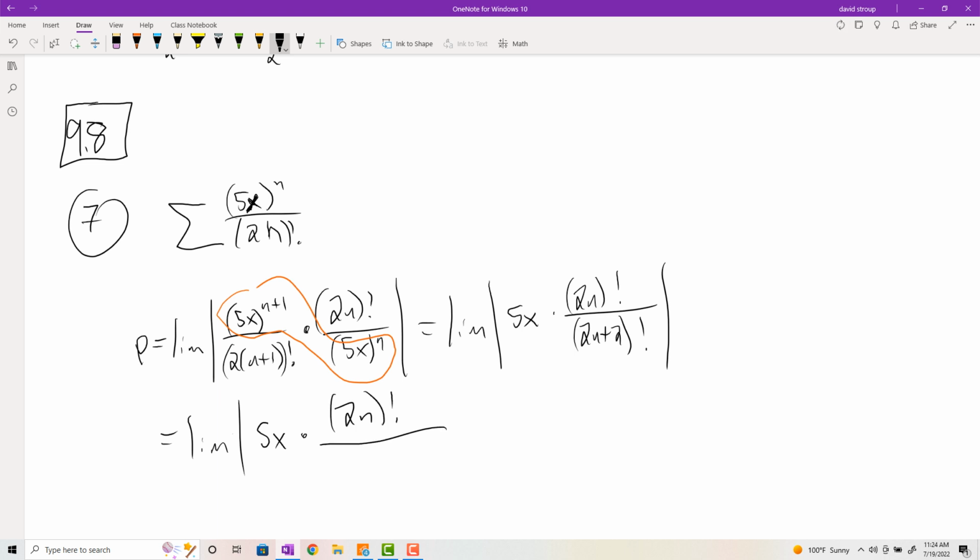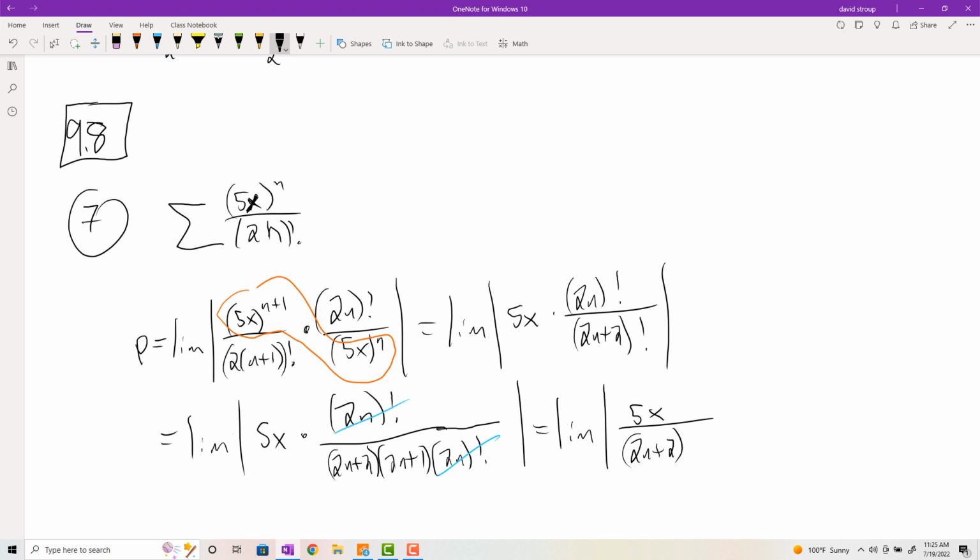So 2n plus 2 factorial is 2n plus 2 times 2n plus 1 factorial. But 2n plus 1 factorial is 2n plus 1 times 2n factorial. So you could write it like that, and then you see the nice cancellation between the 2n factorials. And so you're left with the limit of the absolute value of basically just 5x all over 2n plus 2 times 2n plus 1.